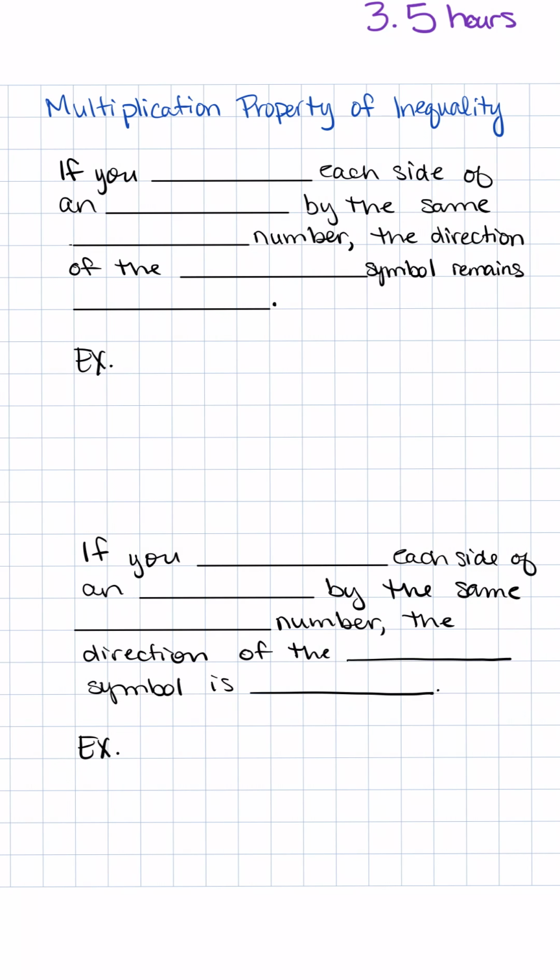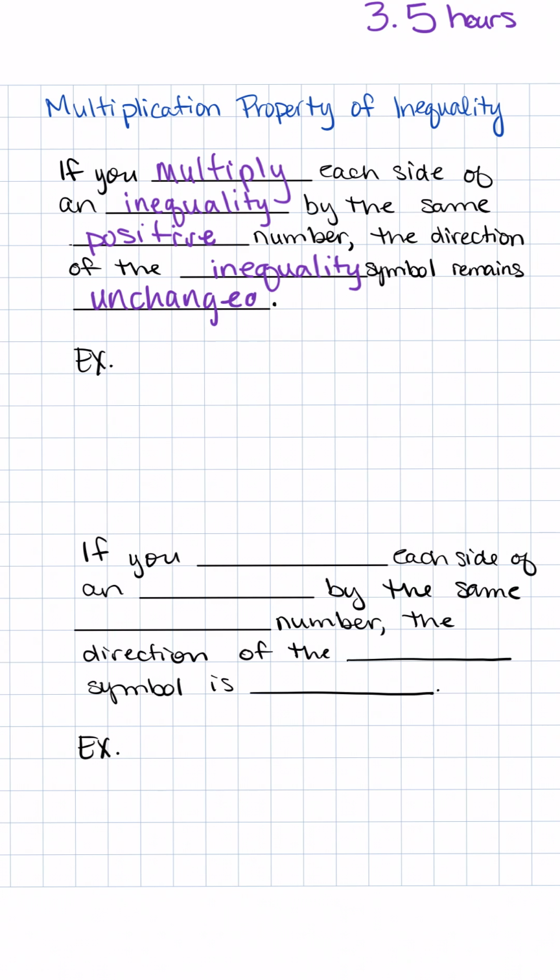Okay, so now checking out the multiplication property of inequalities. If you multiply each side of an inequality by the same positive number, the direction of the inequality symbol remains unchanged.